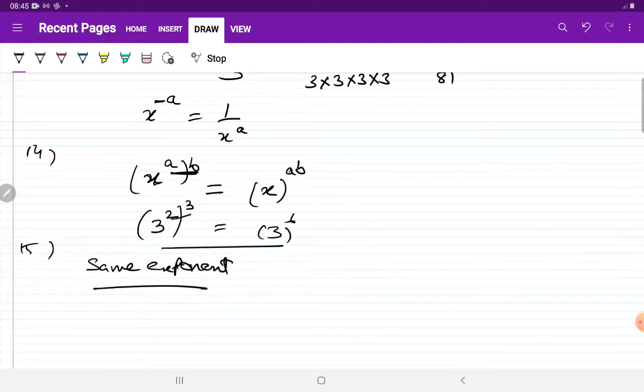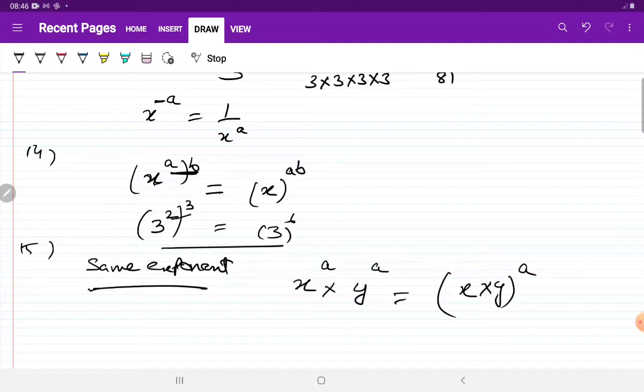If I am taking same exponent, like x raised to power a, and different base, multiply y, same exponent, what am I going to write? x raised to power a, y raised to power a. Then what will be the result? Both numbers will multiply. X into y will be taken in brackets, with the common power.